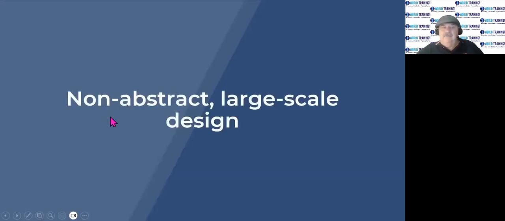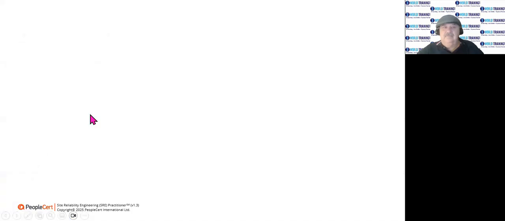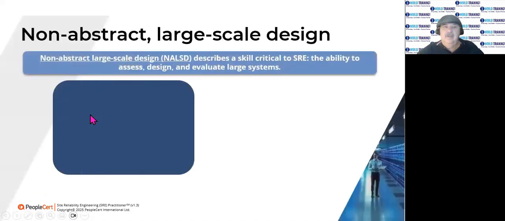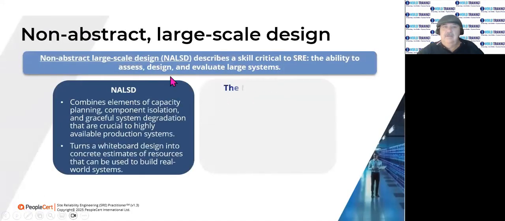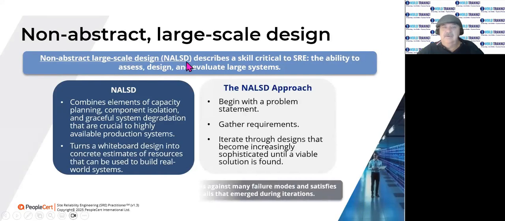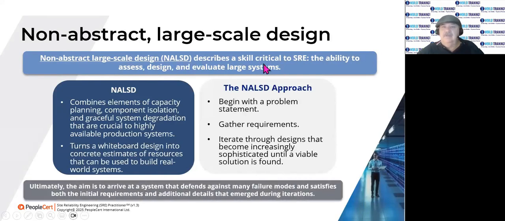So let's talk about the first architectural framework. There are many out there, but this is a popular one. It's called non-abstract large-scale design. NALSD is the short form for that. It describes skills critical to SRE, the ability to assess, design, and evaluate large systems. And this is something, again, that you want to become familiar with as a good SRE.